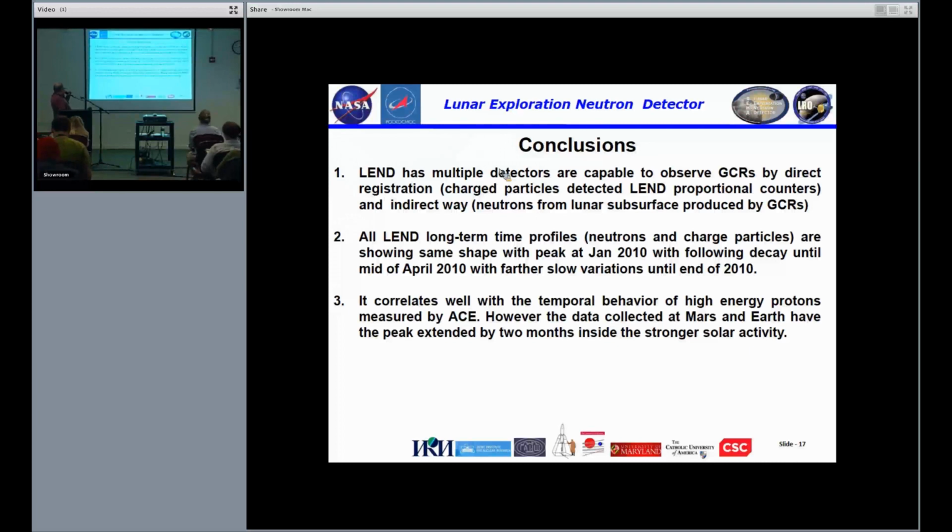It correlates well with the temporal behavior of high energy protons measured by AC. But we have a mystery, and no foggiest idea so far. The data collected at Mars and Earth, planets which have an atmosphere, have the peak extended by 2 months into the stronger solar activity, unlike what we have at the Moon and by AC.